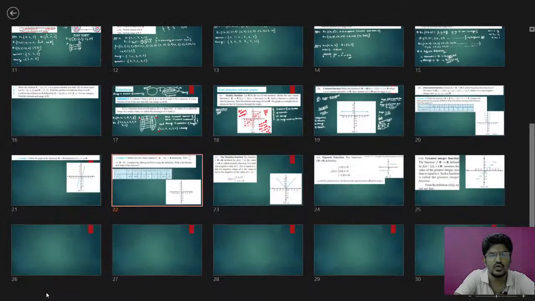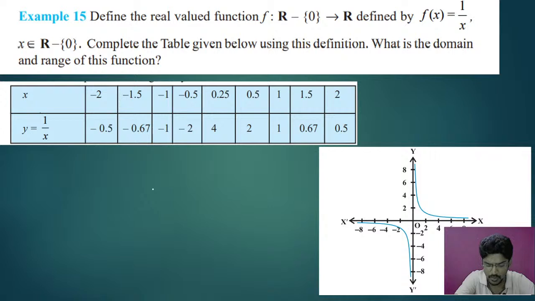So you just go through the graph, and from that you can tell, no problem. Very good. Shreya is giving the right answer. So range is going to be the complete real number set except 0.